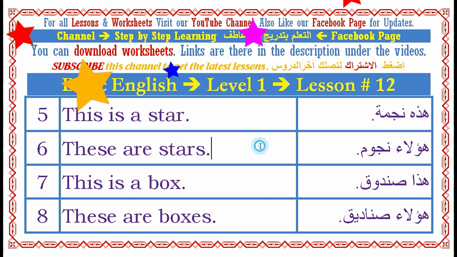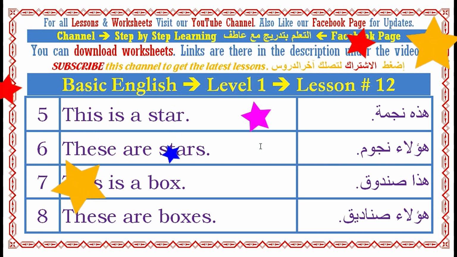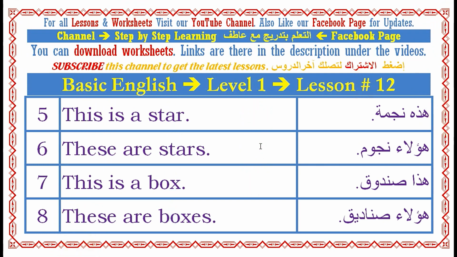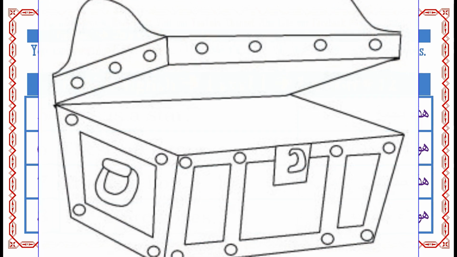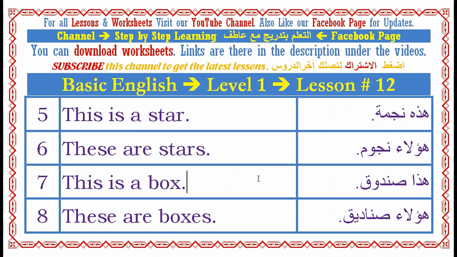These are stars. هذا صندوق. This is a box. هؤلاء صناديق. These are boxes.